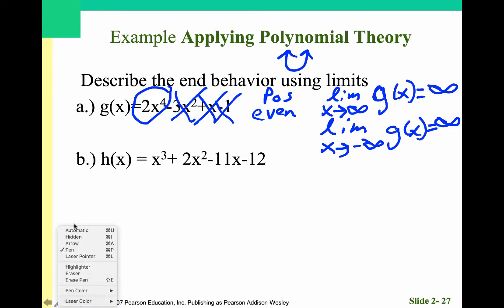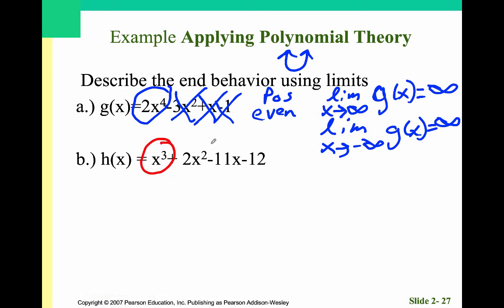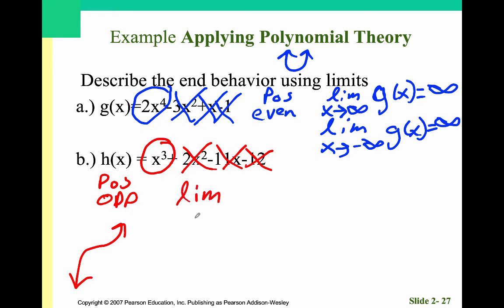And then when we talk about the next one, the only thing I'm worried about is this one, because huge numbers cubed dominate these ones and no longer make a difference. So I'm only worried about the fact that it's positive and odd, which means it's going to resemble that. And I'm only worried about the limit as x approaches infinity.